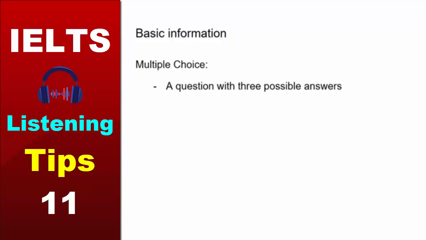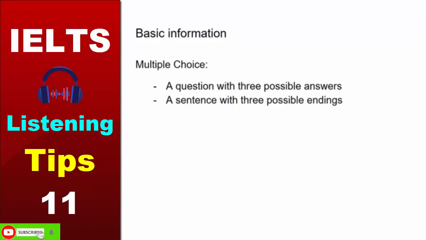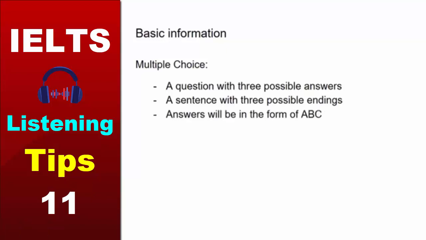It can also be in the form of an incomplete sentence or phrase, and you have to finish that sentence or phrase with the answer choices provided for you. Those are 2 possibilities. The answer choices will be in letter form, A, B, C, or possibly more if they ask you to supply more than one answer.